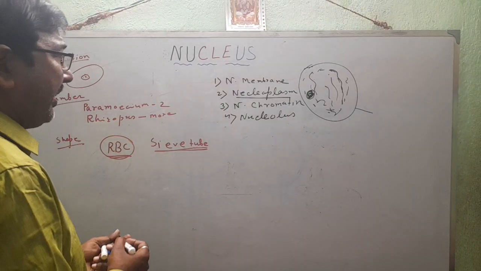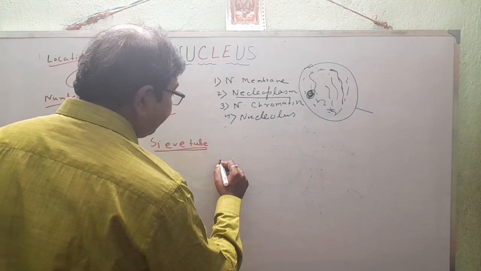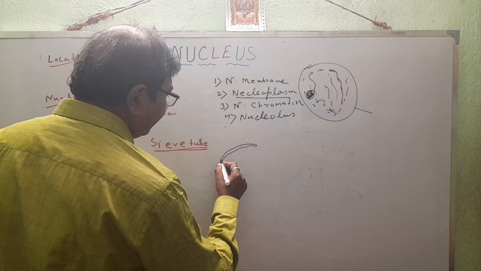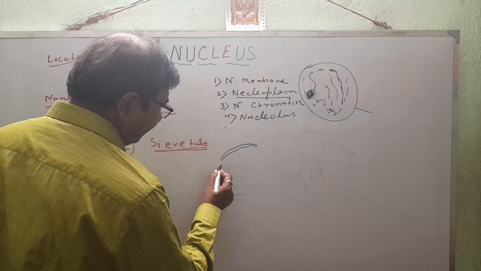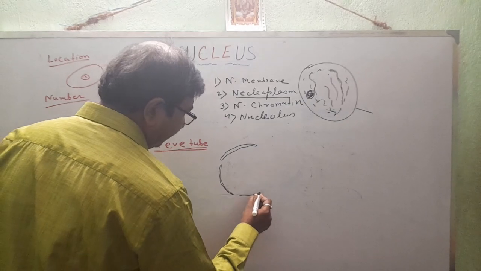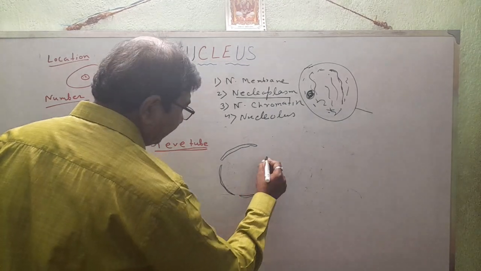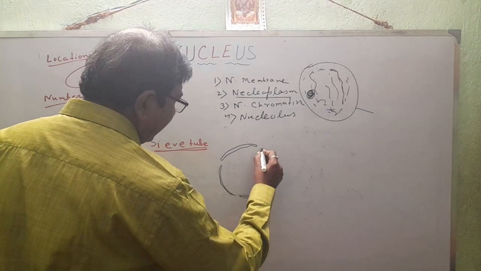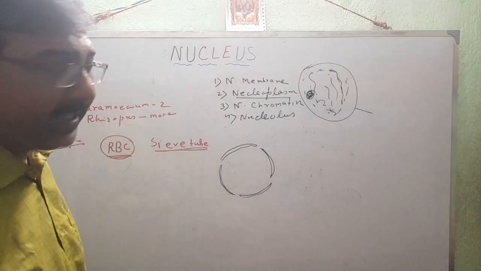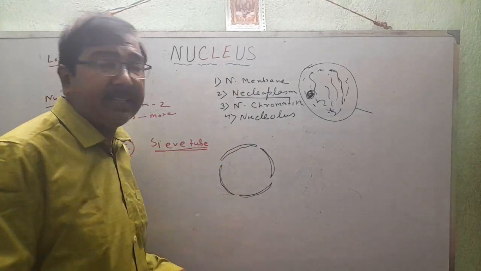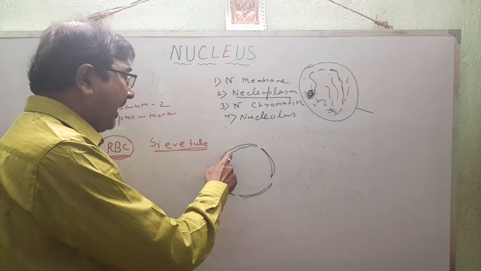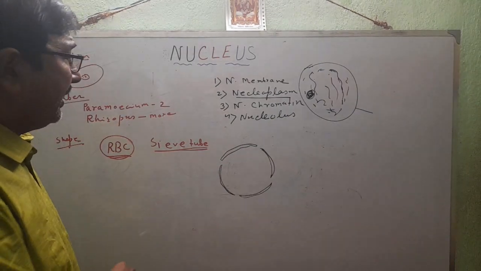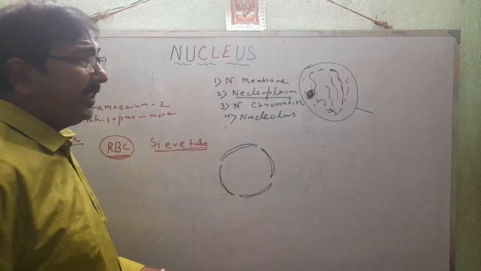First, the nuclear membrane. These are double-membrane organelles. Two membranes are there: this is the outer membrane and this is the inner membrane. Between the two membranes there is a space.